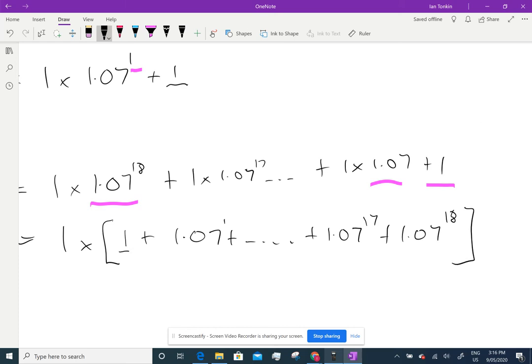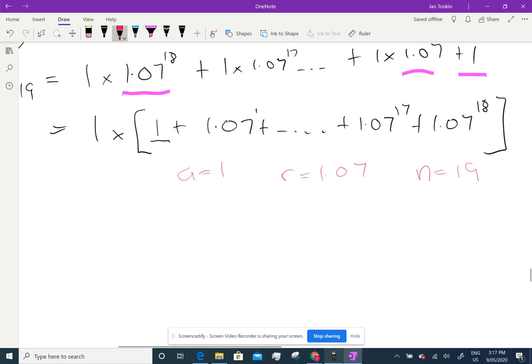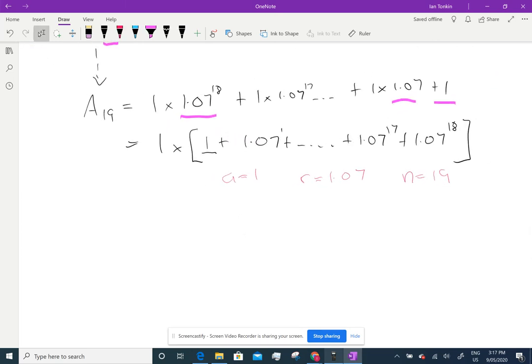How many terms are there? 1 plus 18, 19 terms. So here's a series. A equals 1, R equals 1.07, and N equals 19. Now, I'm just going to work out S of 19.